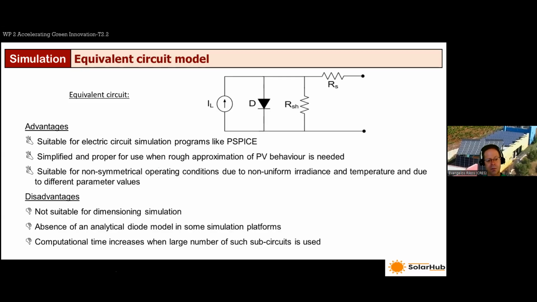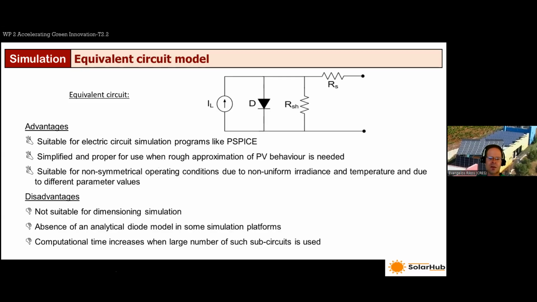But it's not very suitable when you have to conduct some dimensioning. It's more for qualitative approaches here, I would say. And it doesn't provide an analytical diode model that emulates precisely the performance of the photovoltaic system, the cells and the modules itself.